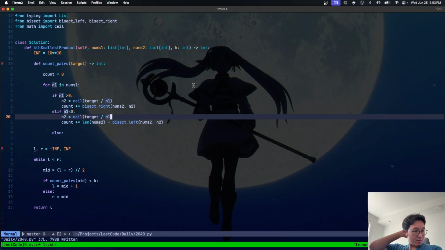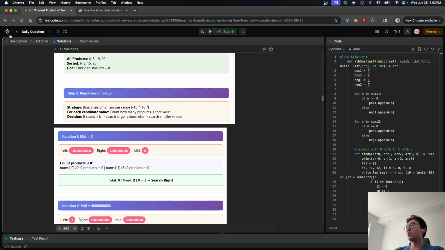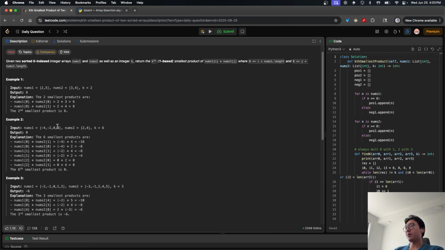Let's say the target number is like 2 times 4, so 8 divided by 2 is going to be 4.